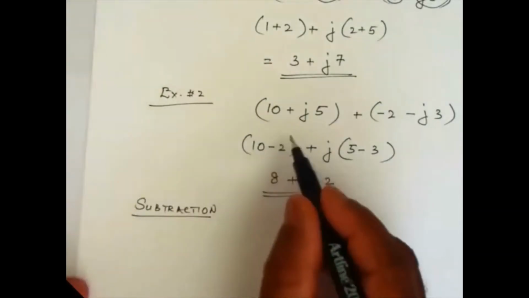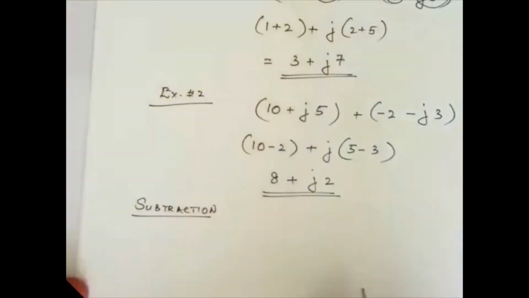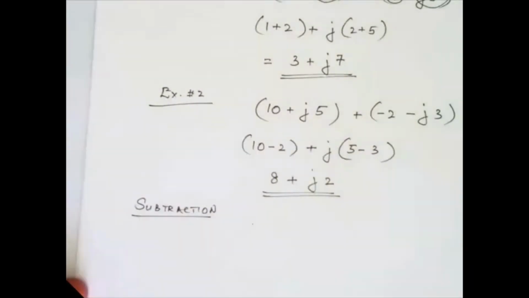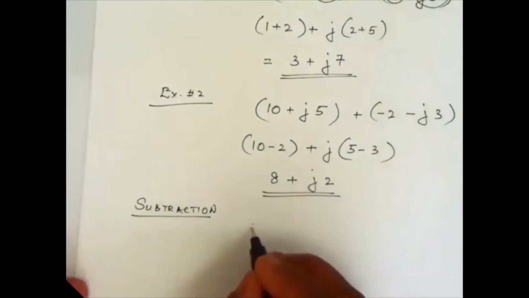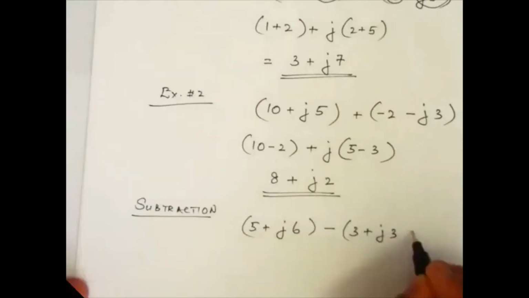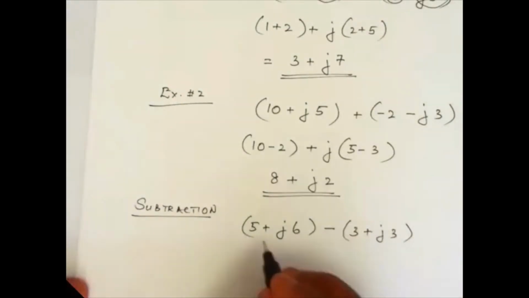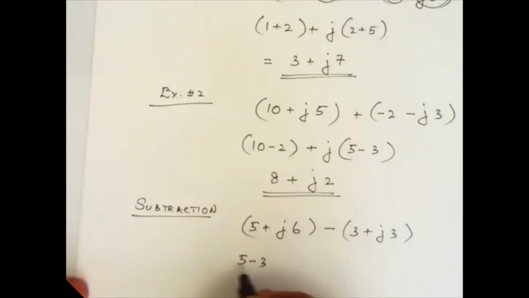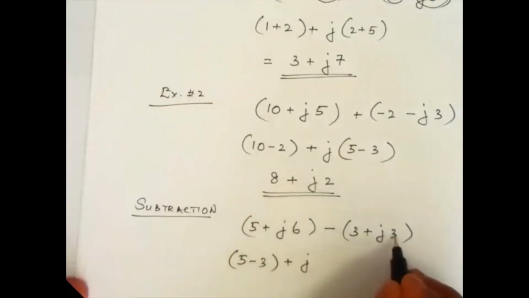I'll write the first one. The first number is 5 plus j6, and to subtract 3 plus j3. So we subtract the two real parts, that is 5 minus 3, plus j(6 minus 3).